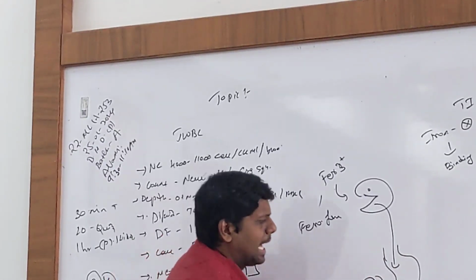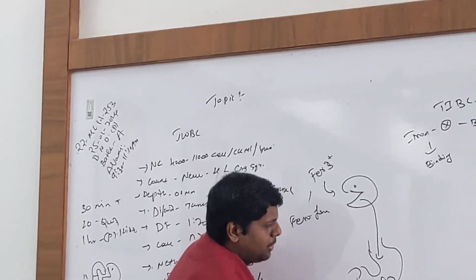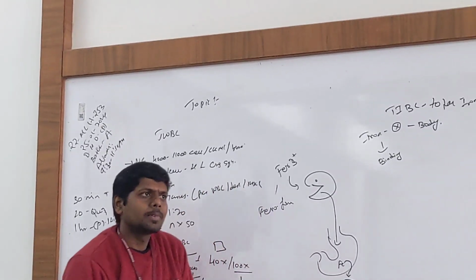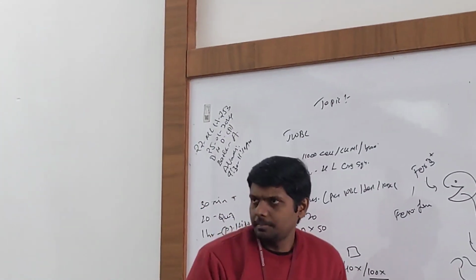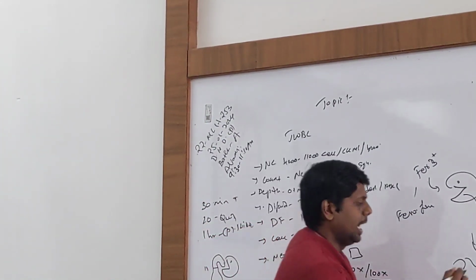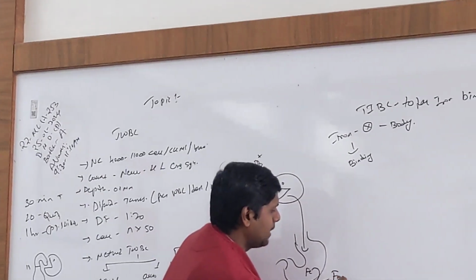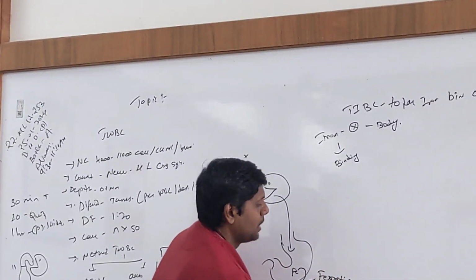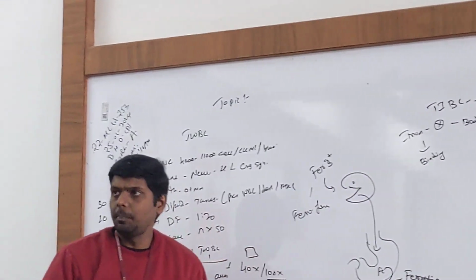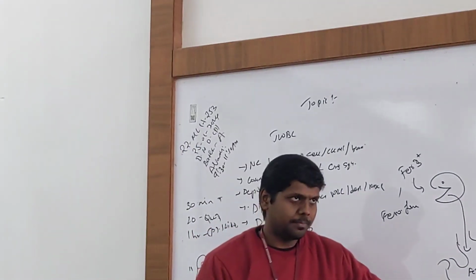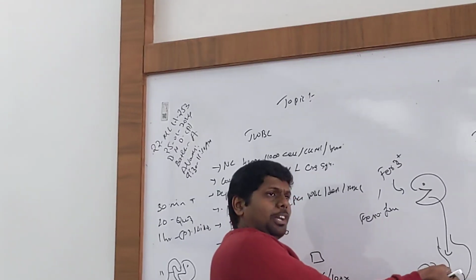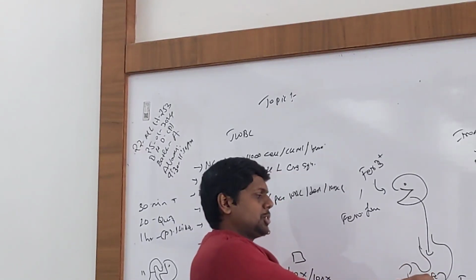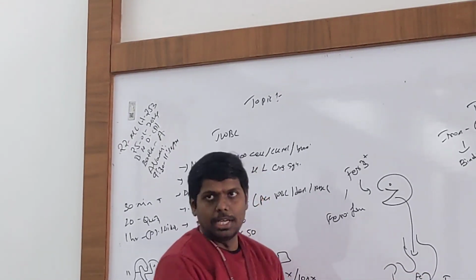Now this iron will be absorbed into the circulation. This absorption is mediated by a transferring protein. That protein is called ferritin. It is the ferritin that is transporting iron from the digestive tract to the circulation.